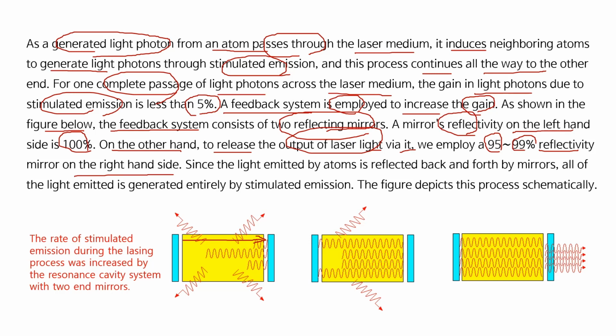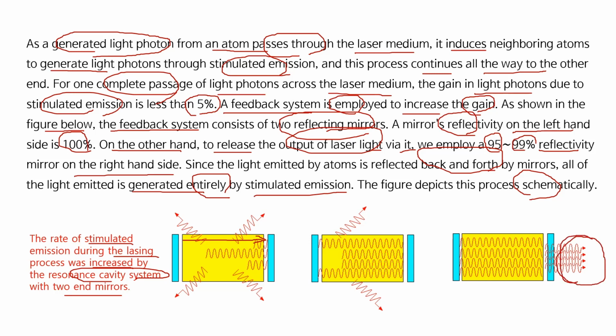Since the light emitted by atoms is reflected back and forth by the mirrors, all of the light emitted is generated entirely by stimulated emission. The figure depicts this process schematically. The rate of stimulated emission during the lasing process is increased by the resonance cavity system with the two end mirrors. So eventually, all photons are produced by stimulated emission.